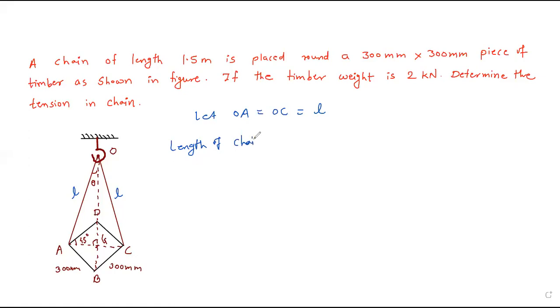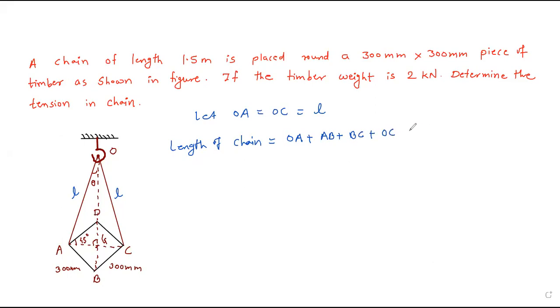So what will be the length of chain? Write this carefully. Length of chain is OA plus AB plus BC plus OC.